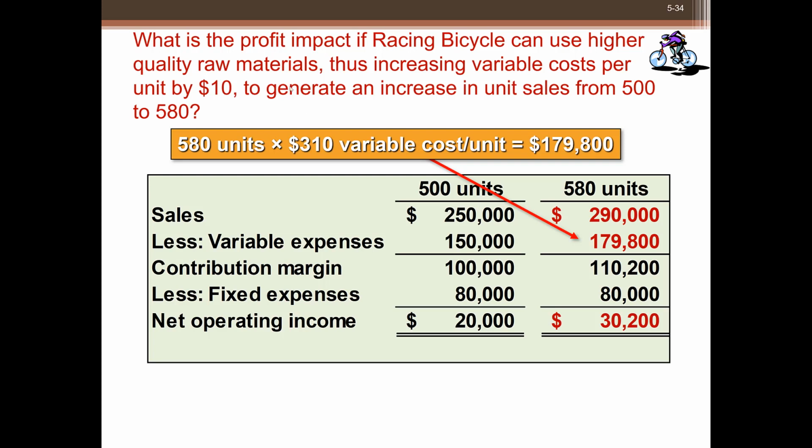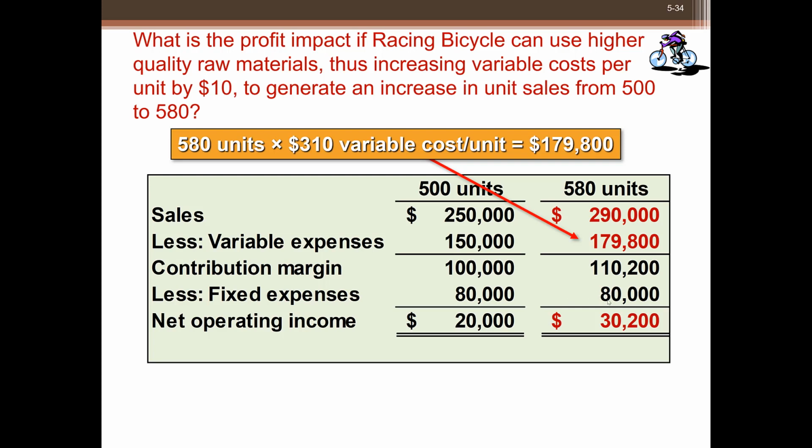Now it increased by $10. So variable expense per unit is 310 now. We use 310 multiplied by 580 units. You can get total variable expenses of 179,800.